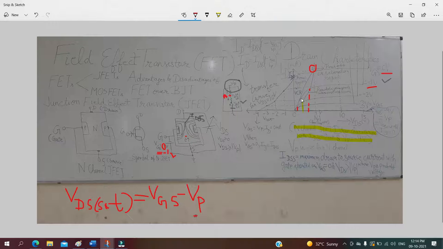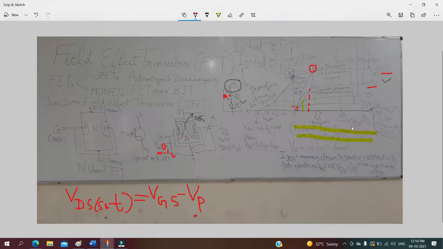And what will happen to the drain current? Current saturates at a lower value, that is the saturation current will become smaller.